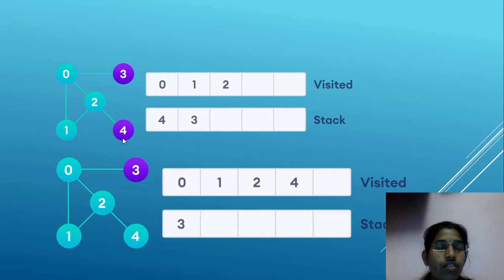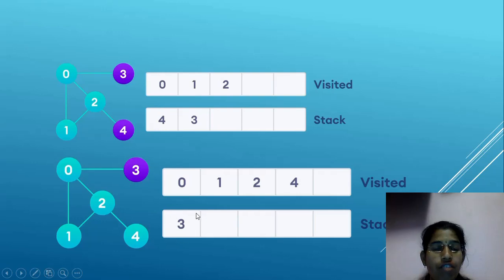In a stack we use only one pointer, the top, which stores the last inserted element. So my next element to visit is 4. The 4 is visited and inserted in the visited list.